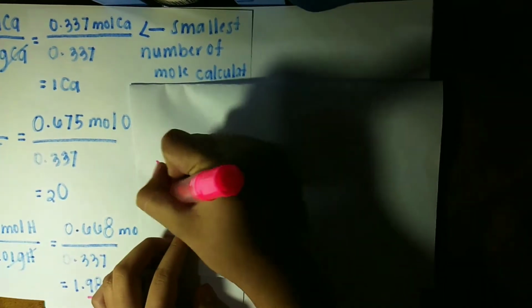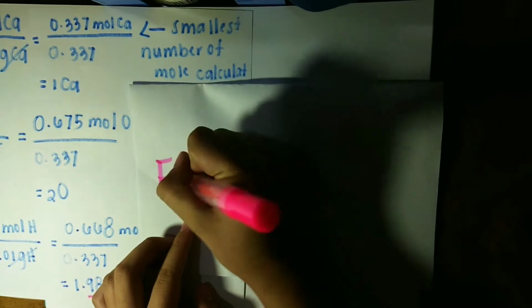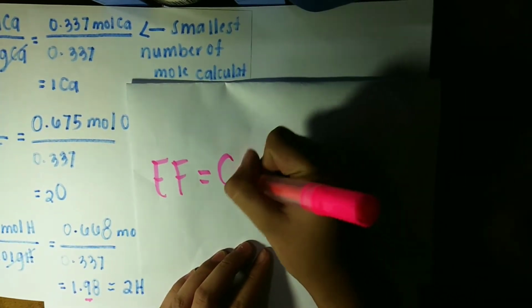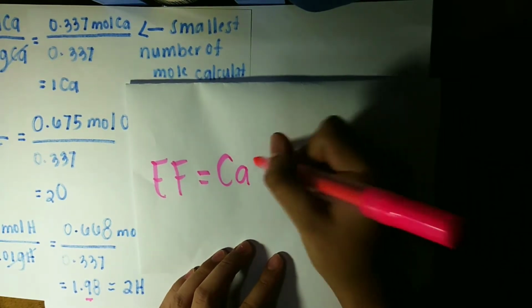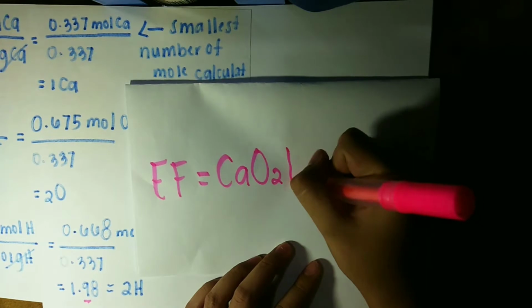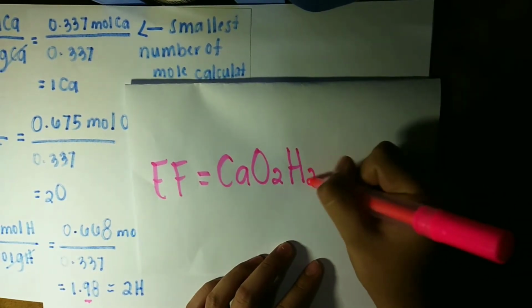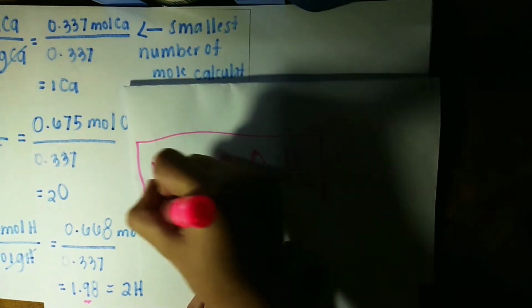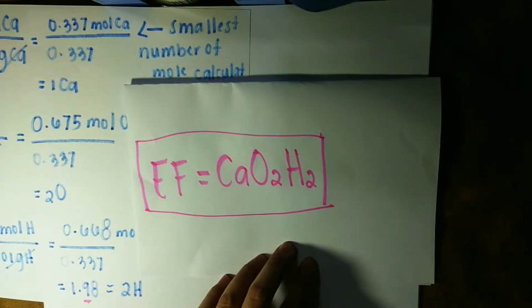So the empirical formula is CaO2H2. And there you have it.